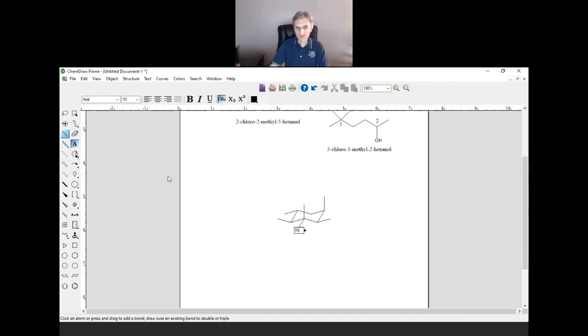And then actually, there's another one. Each carbon that has a methyl group will have 1 more hydrogen. If the methyl group is equatorial, then the hydrogen is axial. If the methyl group is axial, then the hydrogen is equatorial.